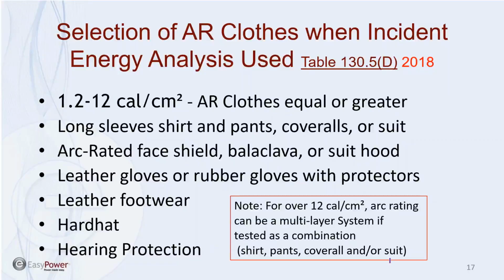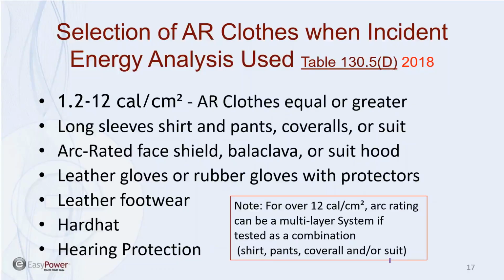And the other thing, for labels, you cannot put what used to be hazard risk categories, now arc rated PPE category 1, 2, 3, and 4. So you can't put the category ratings anymore on the labels themselves. You can only have the calorie rating of whatever that exposure is, and then you have to exceed that level based on your training and the equipment that you're wearing.